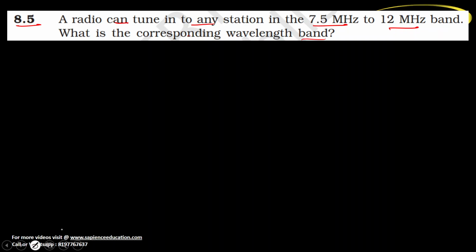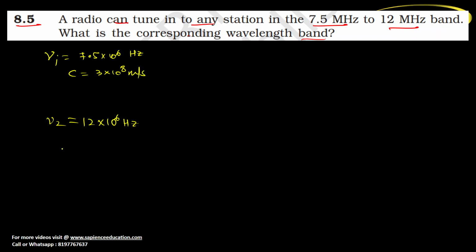So we have two frequencies. Frequency 1 is 7.5 into 10 to the power 6 hertz, and frequency 2 is 12 into 10 to the power 6 hertz. So these are the two frequencies. Speed of the light is equal to 3 into 10 to the power 8 meter per second.